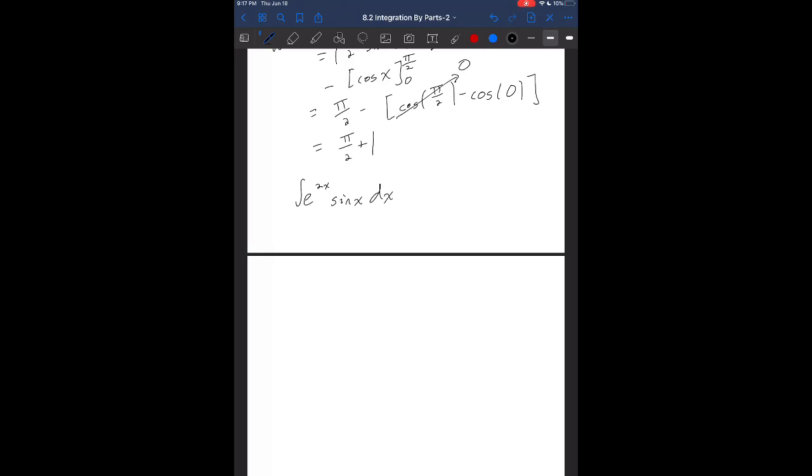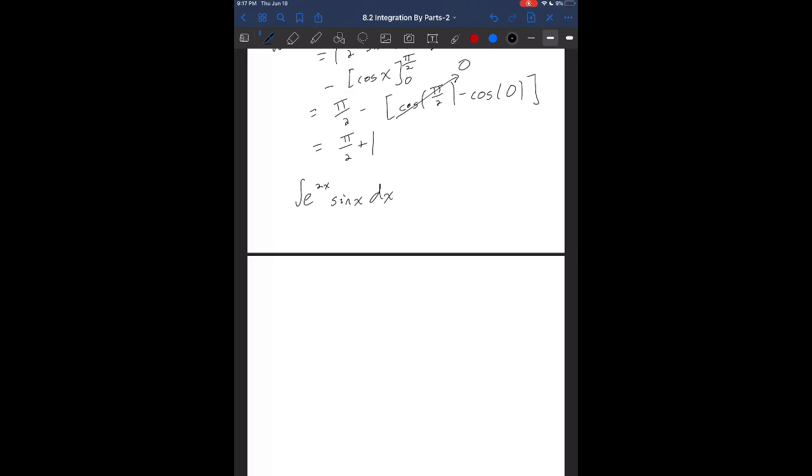Okay, so if we think about going through this problem using integration by parts, if we pick, say, u to be sine of x, what's going to happen is we'll get an integral with an e to the 2x and a cosine of x in it, and then we'll need to do this again because this is still not an integral that we're going to be able to solve.